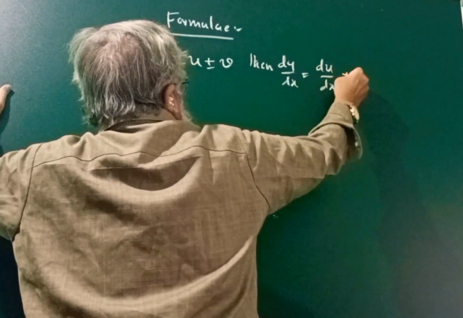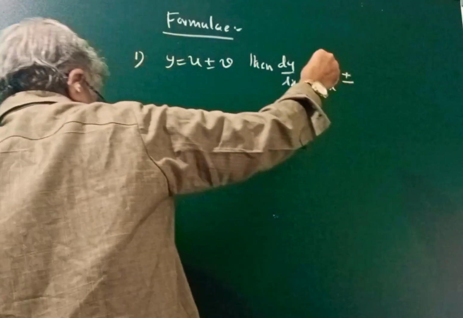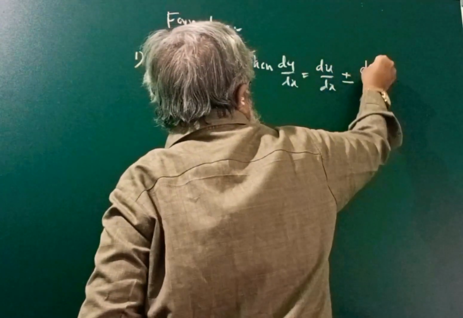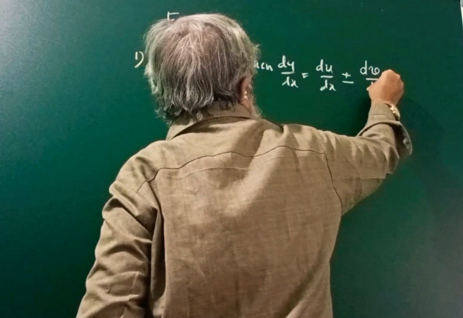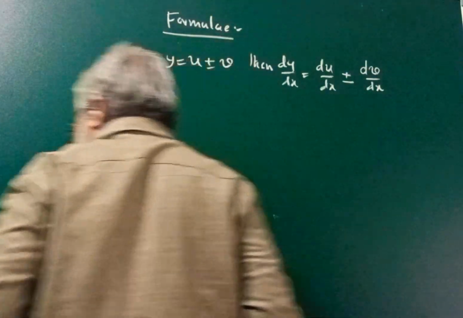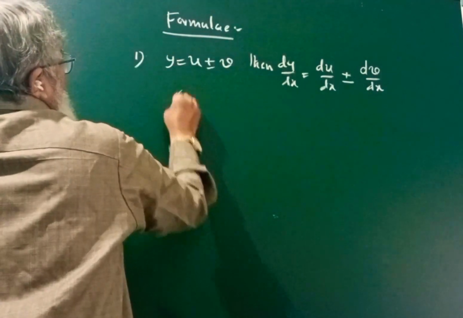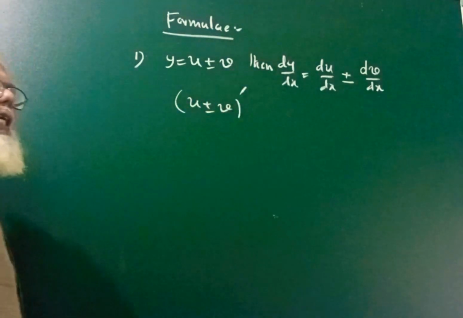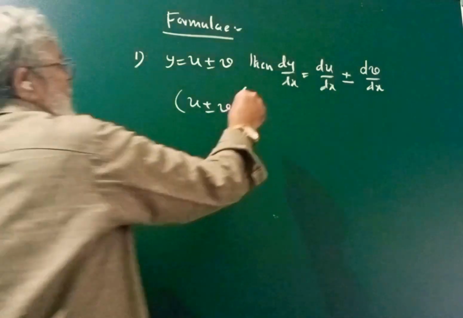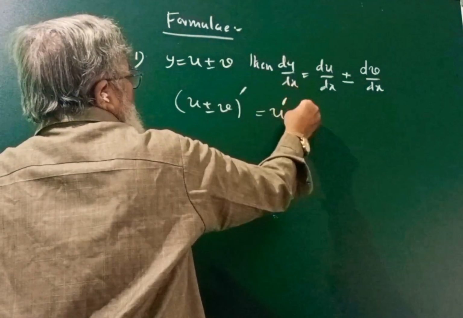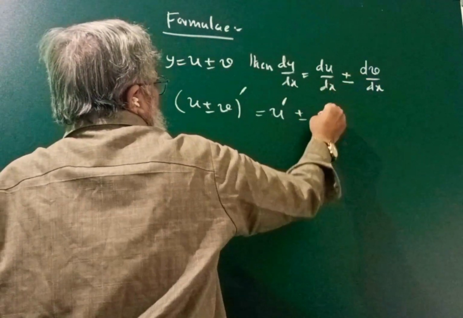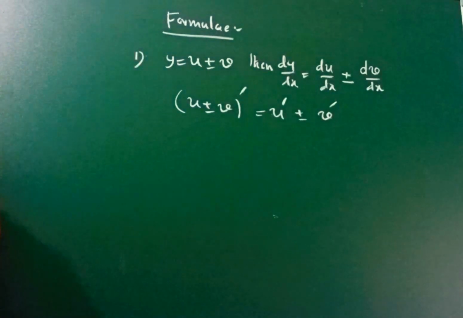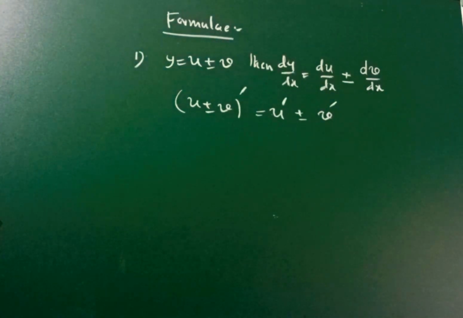If it is plus, we take plus, and if it is minus, we take minus. The same we can write as (u plus or minus v) dash, where dash denotes derivative, which is equal to derivative of u plus or minus derivative of v. Whichever formula you use, you can use it.